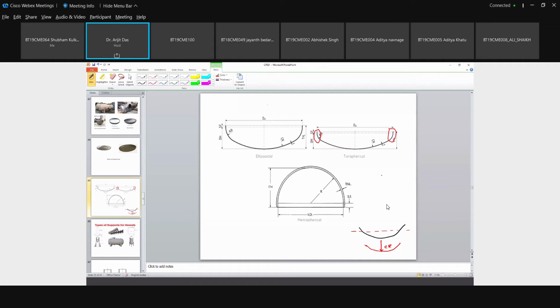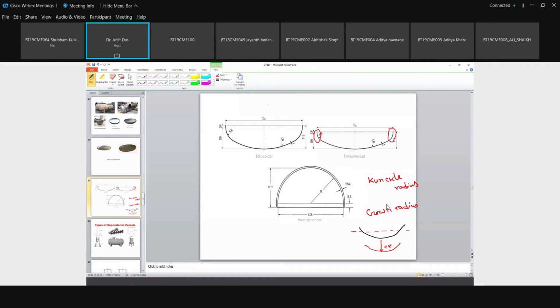So I am repeating, any formed head, not flat, has two portions. One is the disc portion, which has a radius known as the crown radius.